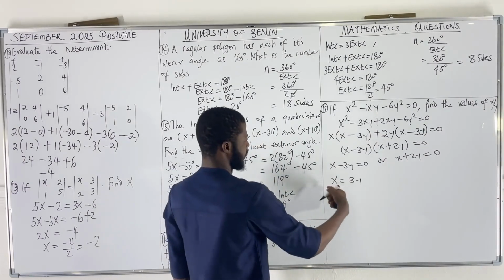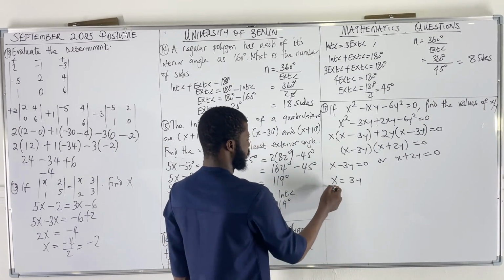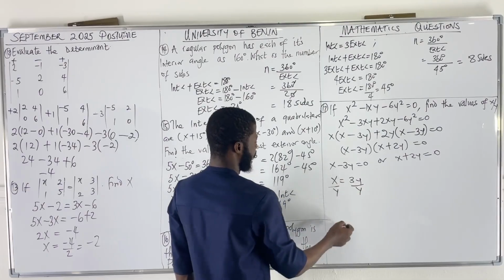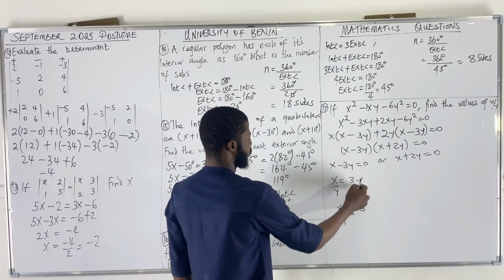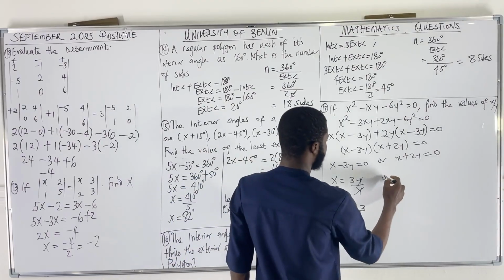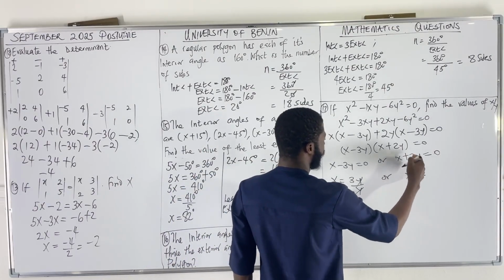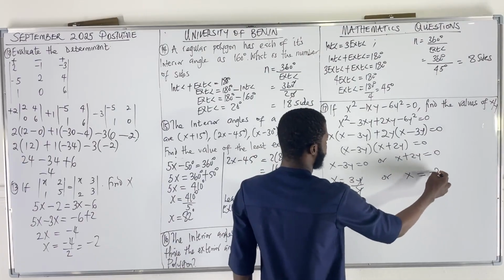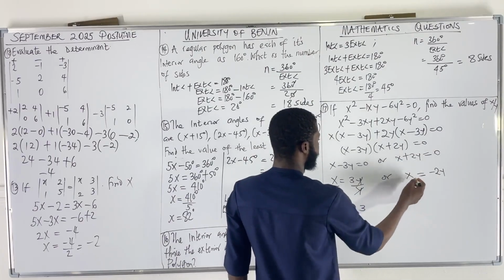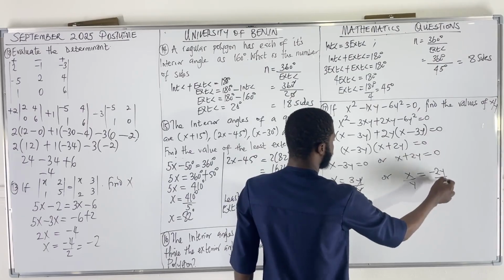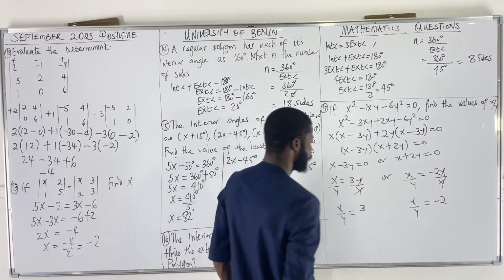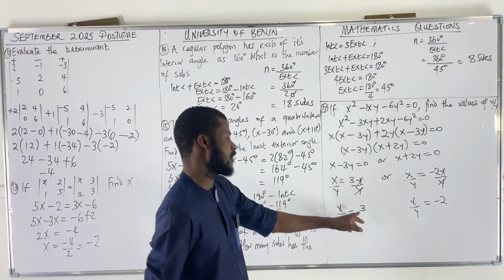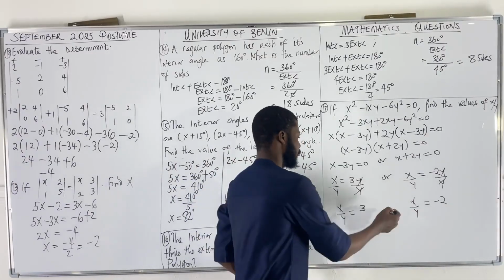So this means x over y is equal to 3 because y cancels y. Then on this other one, x equal, if plus 2y goes, it's going to become minus 2y. Now we're going to divide both sides by y, so y cancels y. So this means x over y is equal to minus 2. So it means x over y is equal to 3 or minus 2.